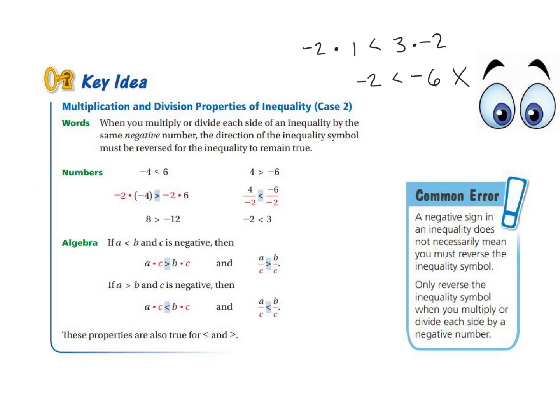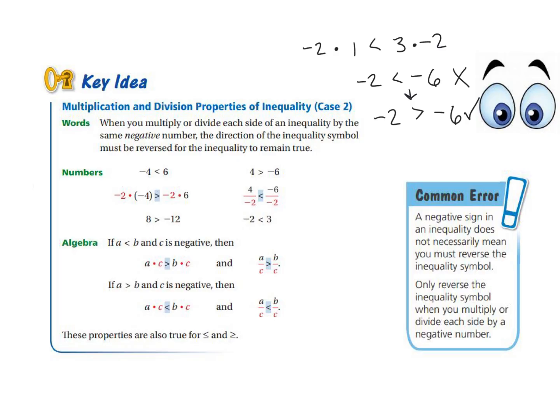Okay? So our strategy in math, which is just a property of inequality, is that when I multiply or divide by a negative number, I'm going to flip my sign in my answer.